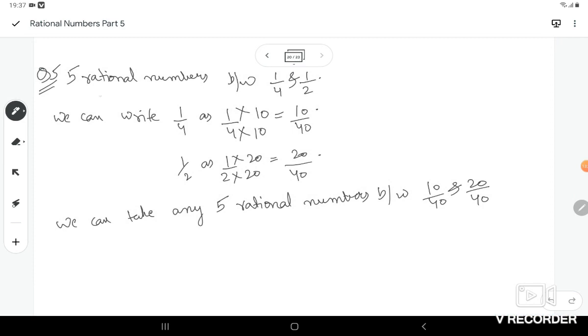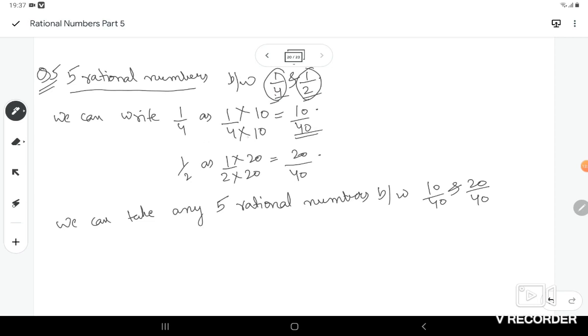Now next sum says find 5 rational numbers between 1 by 4 and 1 by 2. Now similarly we know that the number 40 comes in both the table of 4 as well as the table of 2.